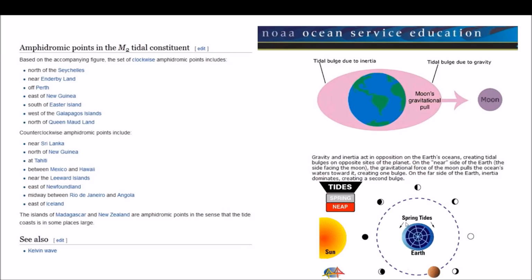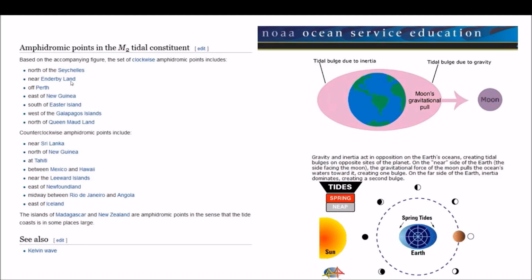You've got this joke of an animation here on the bottom right that does not correspond whatsoever with the models I've shown you, as well as this one on the top where you have a bulge both on the moon side and on the non-moon side, and nothing on the top or bottom, even though we know that there's a great deal of tide in the southern part and in the northern part of what would be this map here.